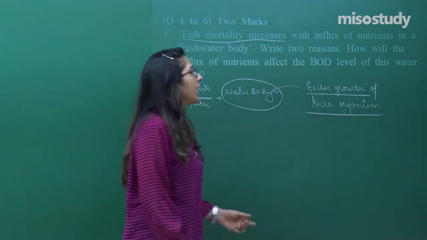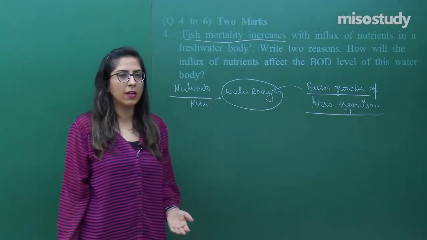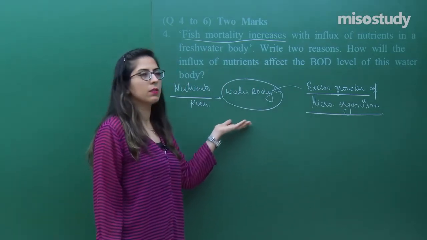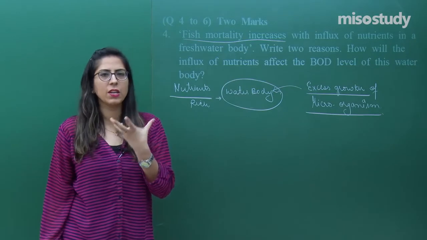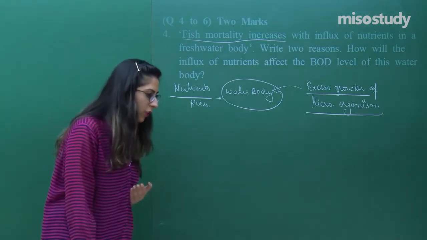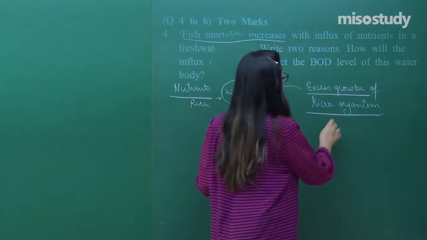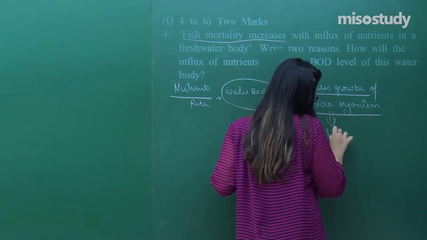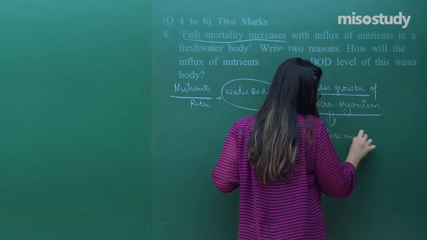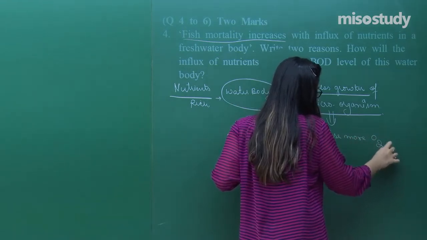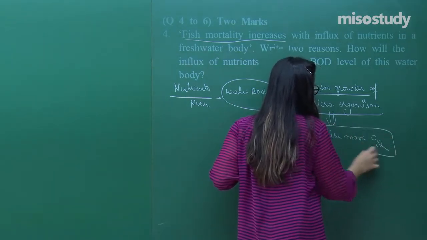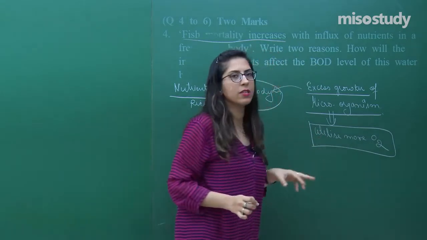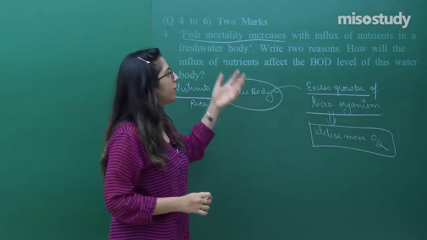When there will be an excess of growth of these microorganisms, then what will happen? If they are flourishing at a very fast rate, they will utilize more and more oxygen. Now just tell me one thing, will that oxygen be available to the fishes or not?